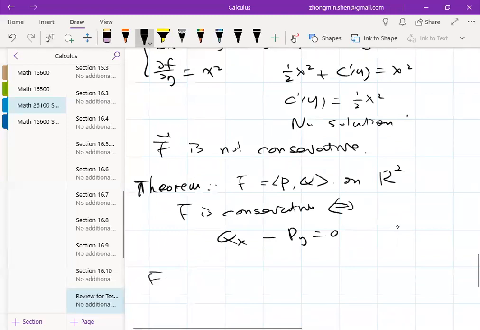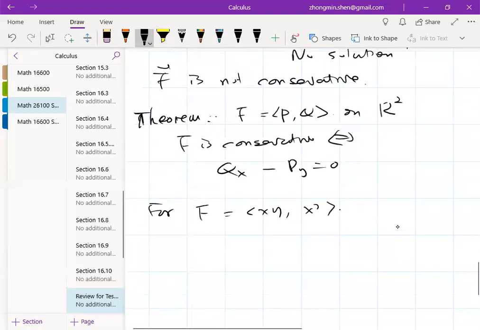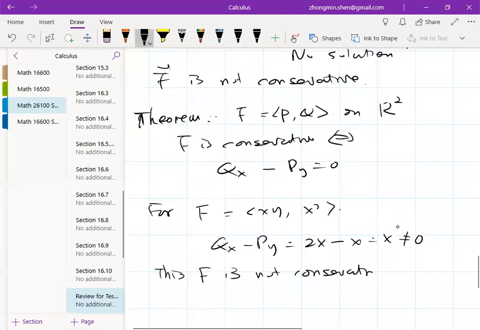So now for F = (xy, x squared), this is not going to be conservative, because Qx minus Py is going to be 2x minus x, which is not 0. So this F is not conservative. You're not able to even solve it.